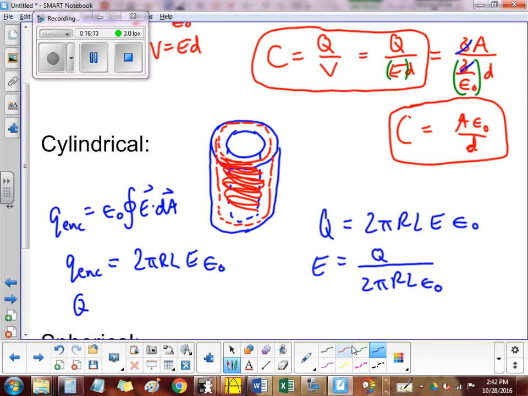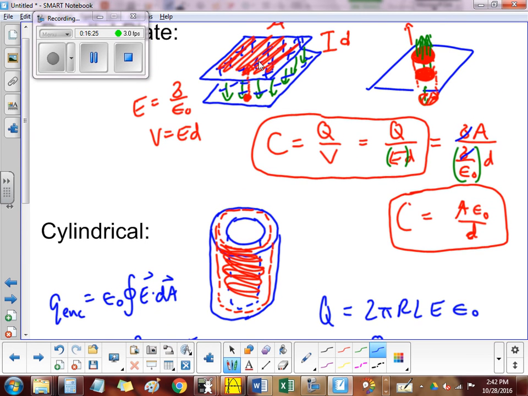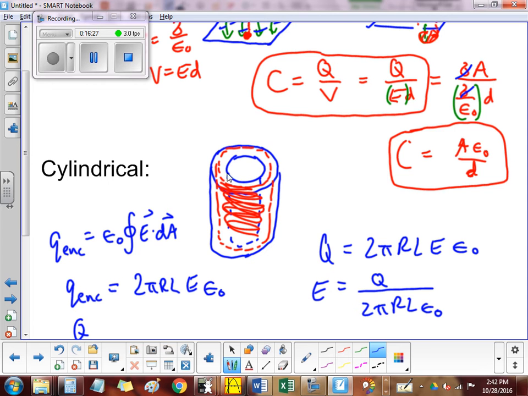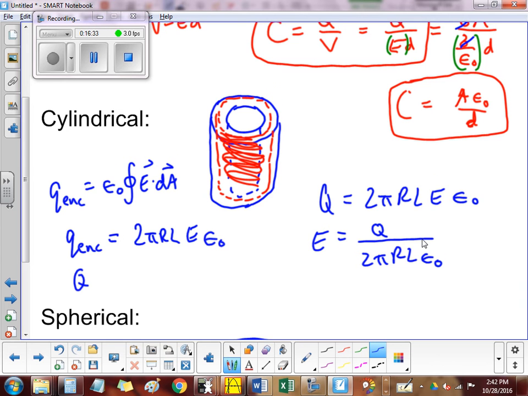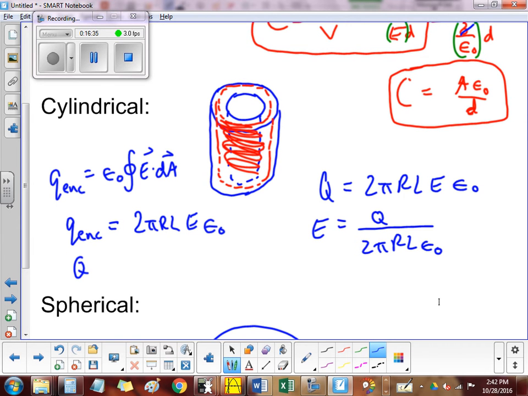Okay? And now, you might ask, well, what about the field coming from the outer shell? Zero. Remember last time we had a plate above and a plate below? They both contributed to the E field. But we are inside a conductor here. No field contributed by the outer shell. Interesting. So we're not going to double this time. What we are going to do is integrate it, though.